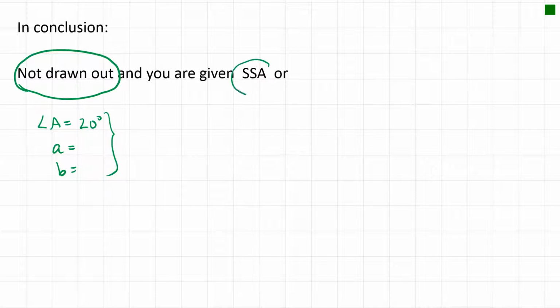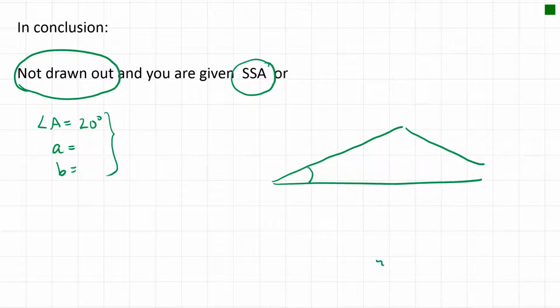The other condition is that the triangle information that you are given is SSA. Now what that means is that you know a side, another side, and an angle that's not in between. So you know this side, say that's 20, you know this is 12, and you know this was 20 degrees in the question we did.